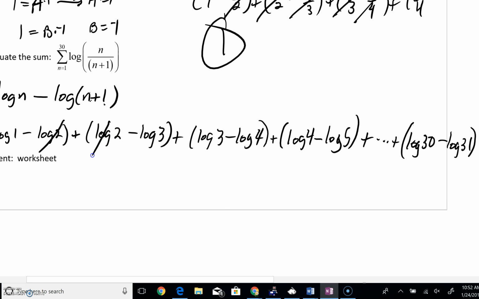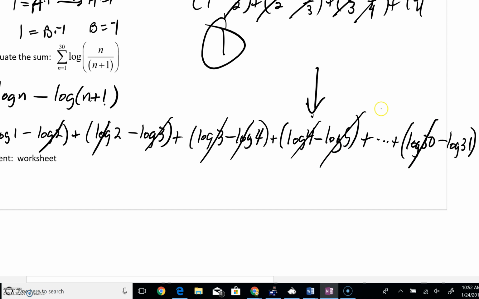Well, the log 2s are going to cancel, right? The log 3s are going to cancel. The log 4s are going to cancel. And notice what just happened. Please pay attention. If I stop there, do you see how it's the first term in the parenthesis that got canceled? That's what's happening here. You see that?